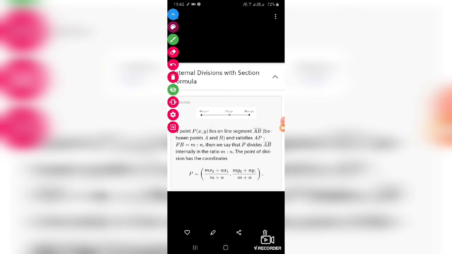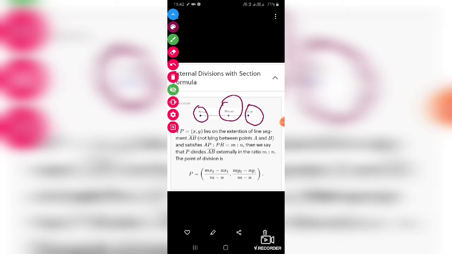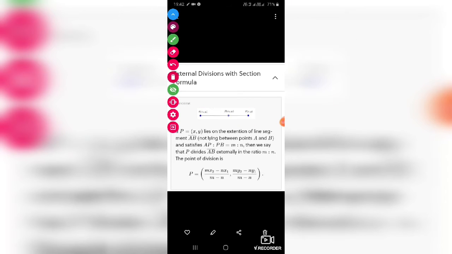Next is the external. External is as such, you can see that A is here and B is here, and we want to get this P. This is M, suppose, and this is N. Then what formula will you use?